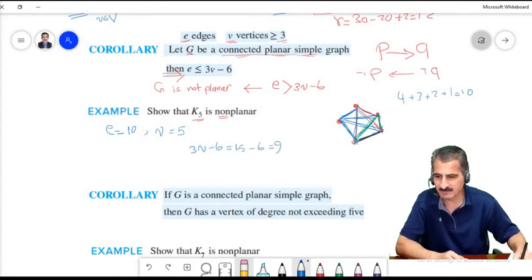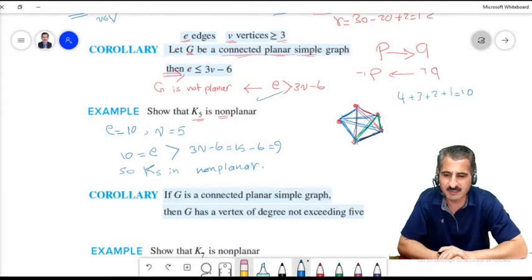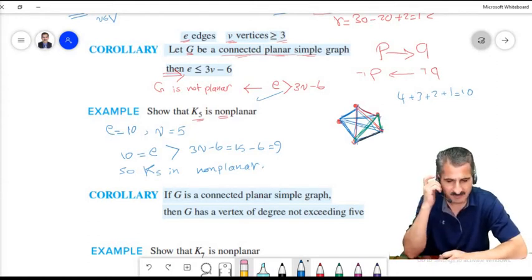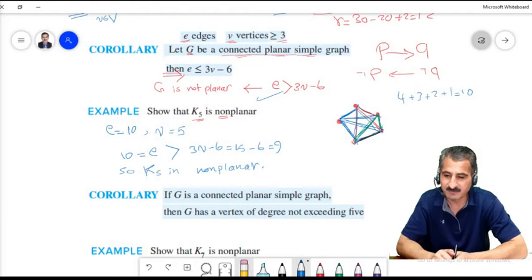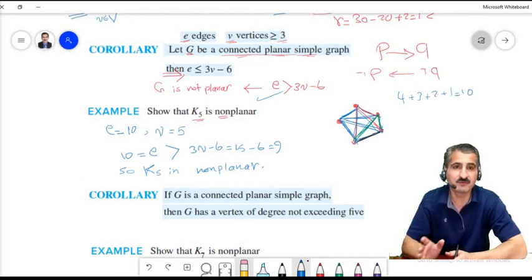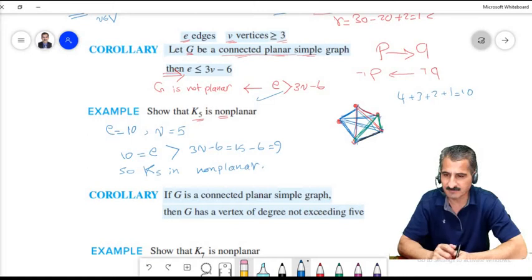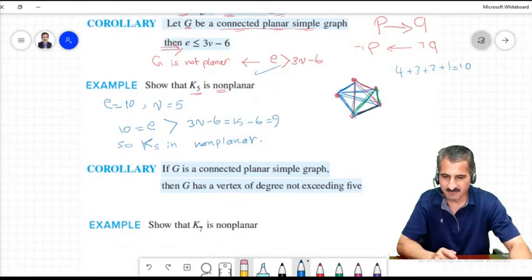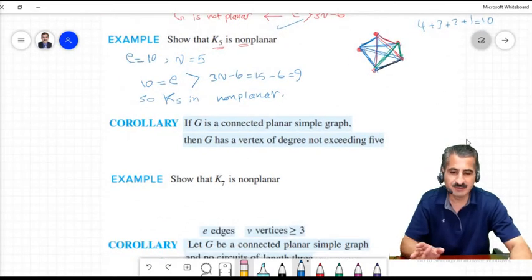And E equals 10, and it is bigger than this. So K5 is non-planar. So this helps us sometimes to decide that some given graphs are not planar, but it does not give a full characterization of which graphs are planar and which are not.